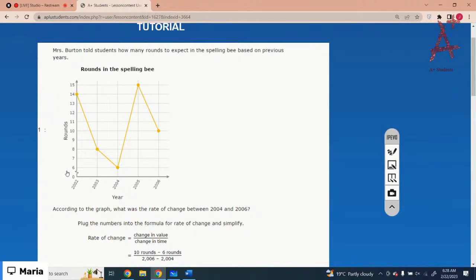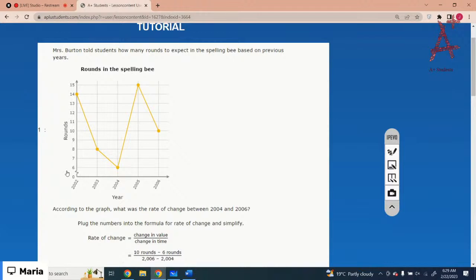Mrs. Bruton told students how many rounds to expect in the spelling bee based on previous years. According to the graph, what was the rate of change between 2004 and 2006? So on the x-axis you have the years and on the y-axis you have the rounds. So you have to calculate the change from 2004 to 2006. Got it?